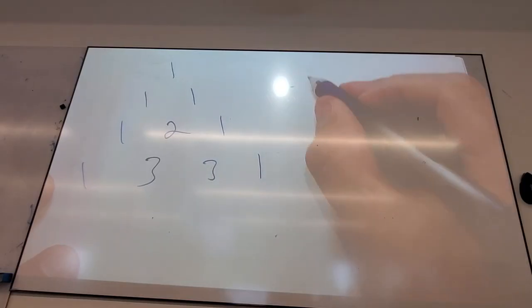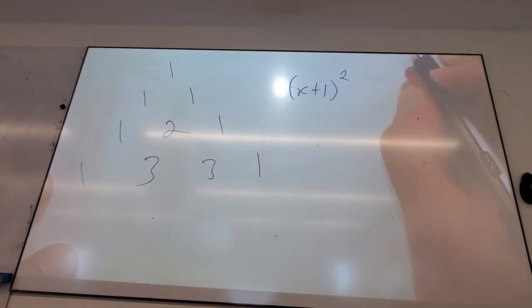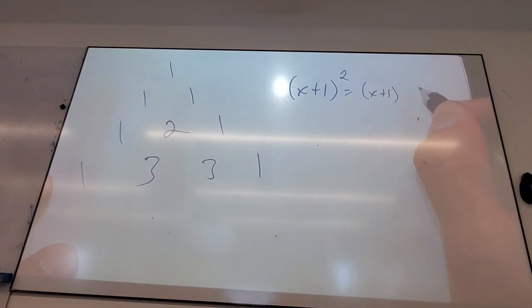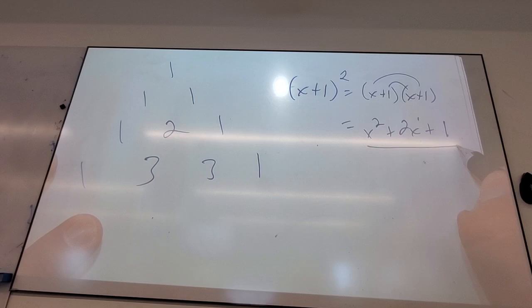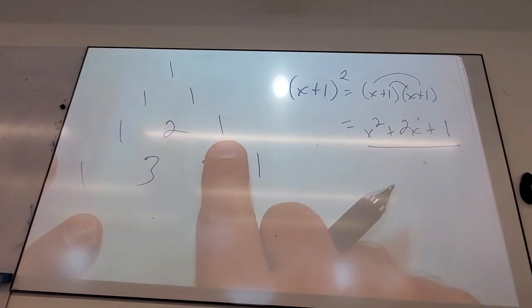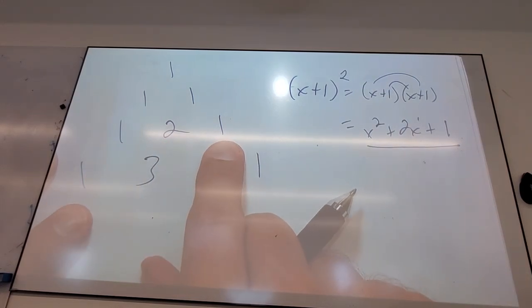Watch this, guys. What's x plus 1 squared? x squared plus 2x plus 1. What are the coefficients of what we got? 1, 2, 1.